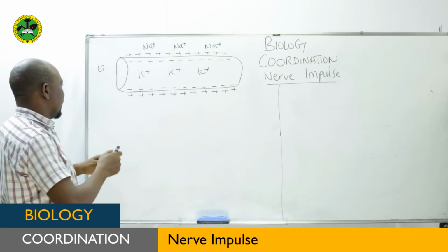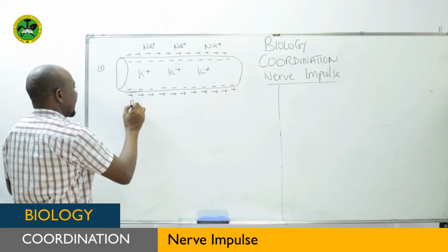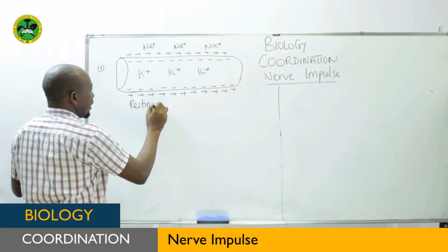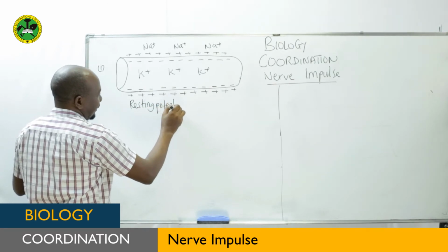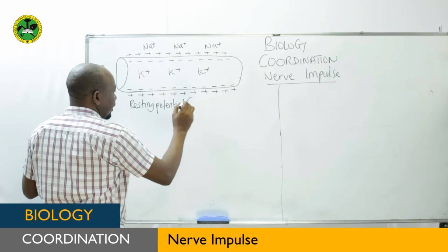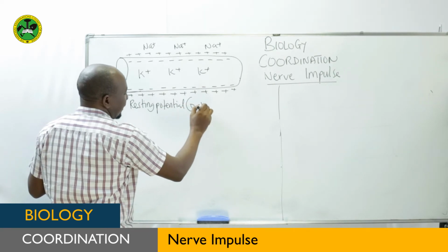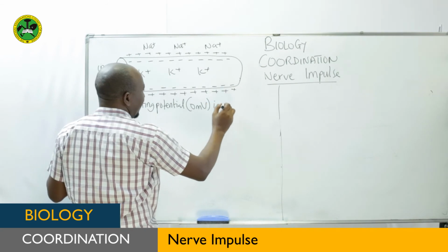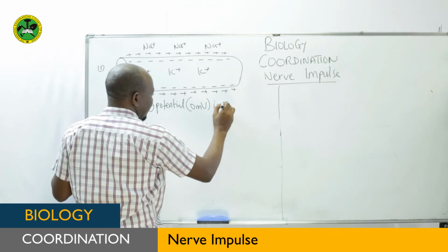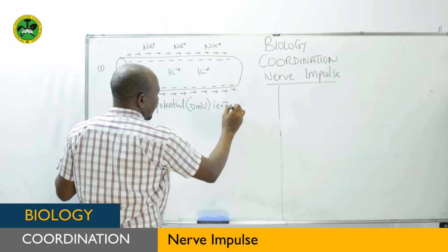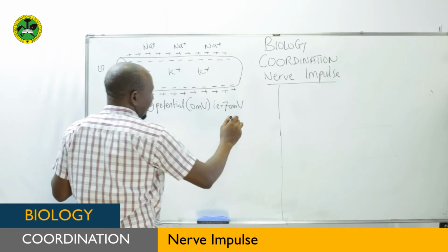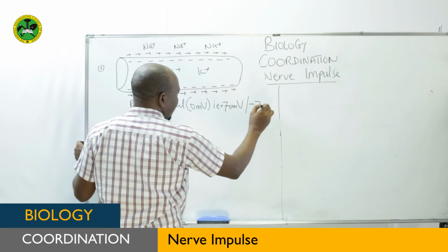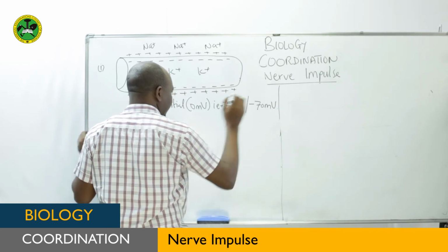This condition is described as the membrane being at resting potential, meaning that there is a potential difference, where the outside is positively charged by this millivolt and the inside is negatively charged by the same millivolt.